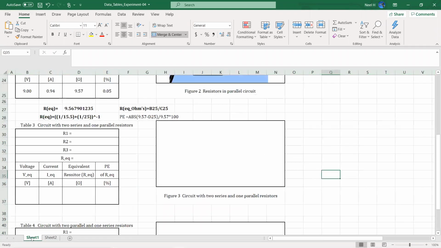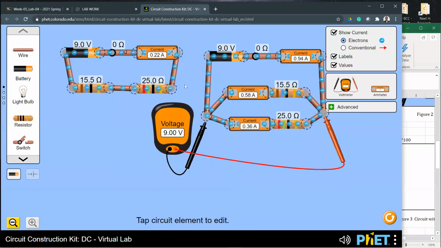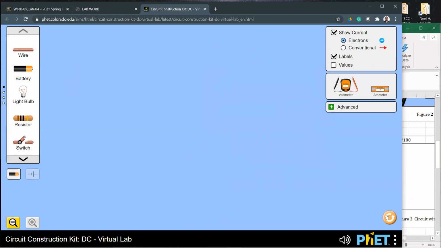Okay, then let's take a look first at the circuit diagram. You can get rid of all of these now. We don't need them. Just click on this yellow circle on the right hand side bottom corner, that's a reset button, and everything will disappear. And then let's bring in the resistors: one resistor, second resistor, and then the third resistor parallel to that.